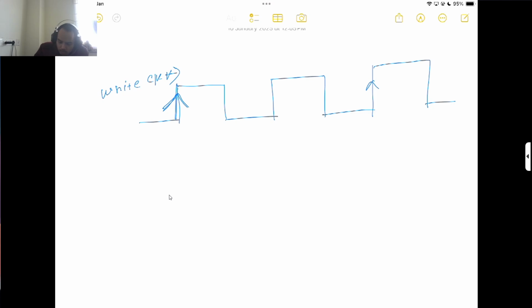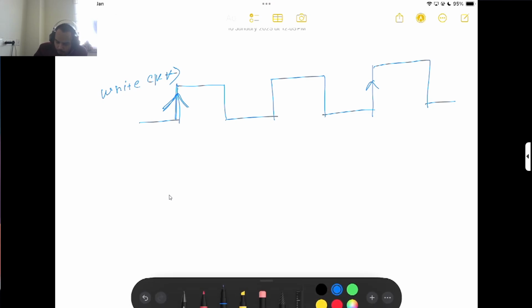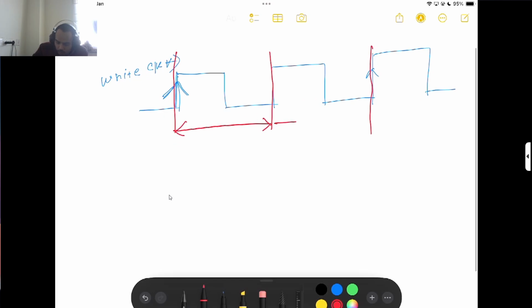So here is my first clock, and here is my second clock.